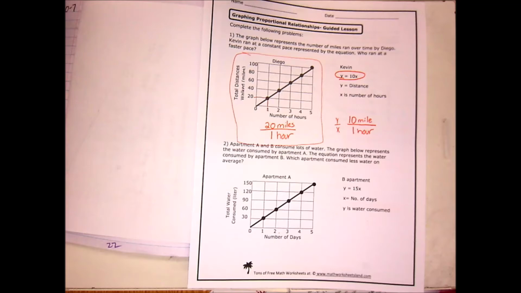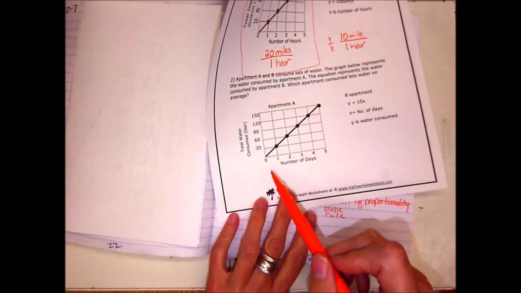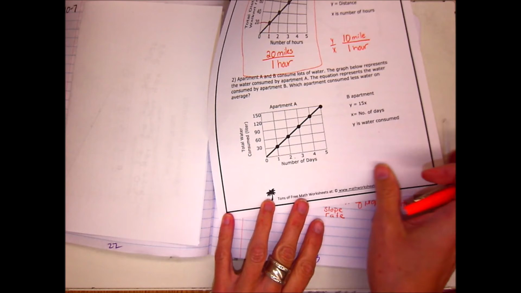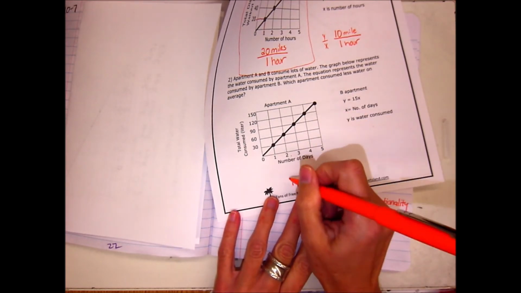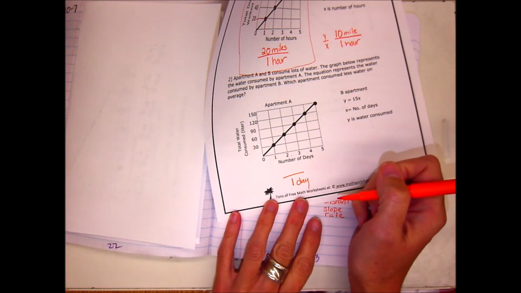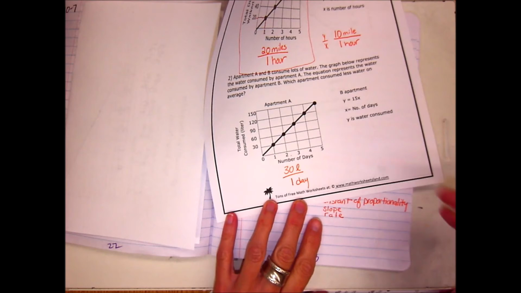Okay, taking a look at this, when we look at apartment A, and again, we're looking for the constant of proportionality or the unit rate, for 1 day, how much did apartment A use? 30 liters.